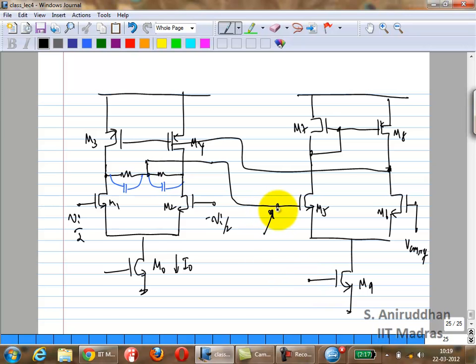So the purpose of this common mode feedback loop is to make this VOCM equal to VCM ref. Right? What will it actually be? If you just put any old op-amp, will it be exactly equal to VCM ref? What will it be equal to?